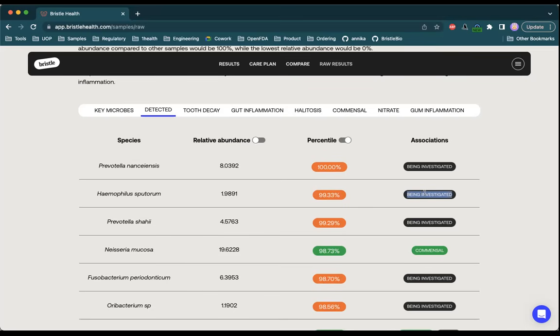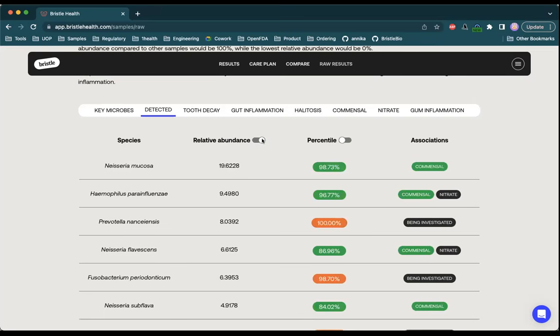Well, from this dashboard, you don't really know, but I personally know Haemophilus sputorum is actually a really good commensal bacteria. It is. That can do some really cool things. It's part of the genus of bacteria that can reduce nitrates. And this allows you to do your own digging and figure stuff out on your own.